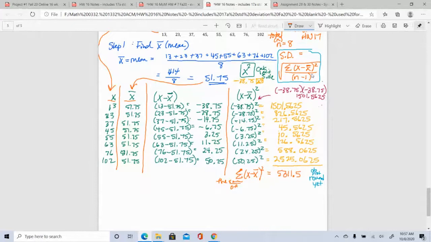So I think it's almost easier at this point to go ahead and say, okay, the standard deviation is the square root of the sum of, I guess I'll go ahead and write that out, our 5,311.5 that we figured out for that. We're going to plug it in there.